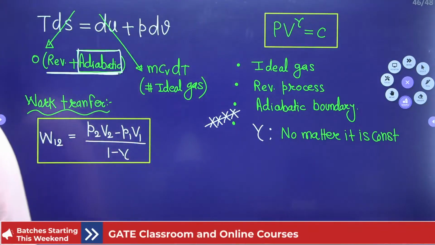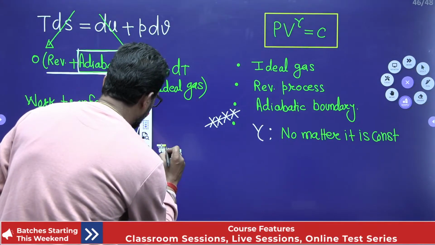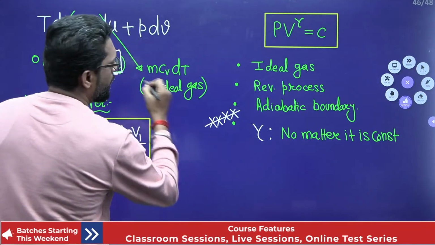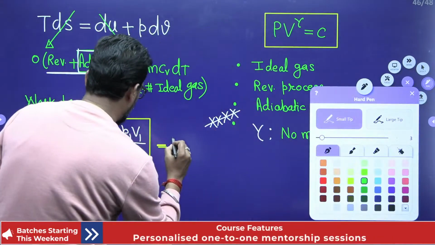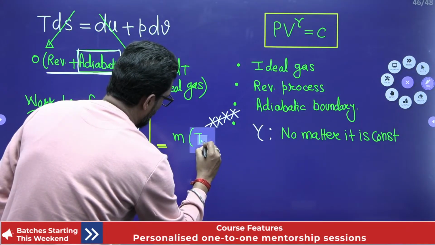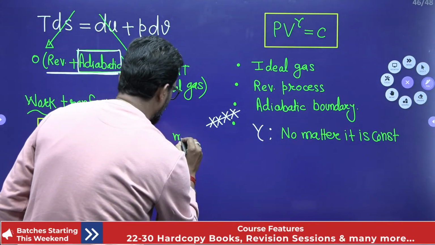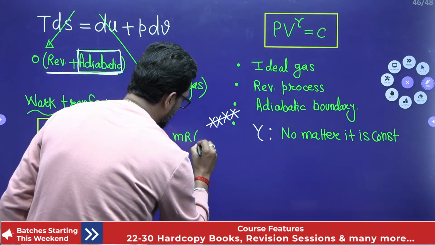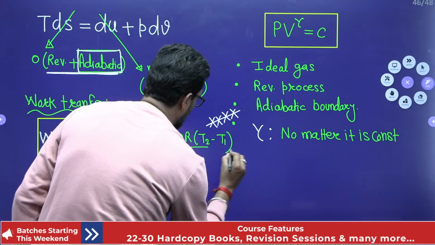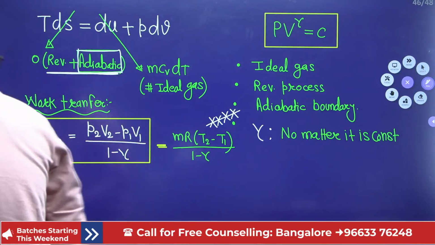So, very good, and also we can write here m R (T2 minus T1) divided by (1 minus gamma). Now, this equation is very important.